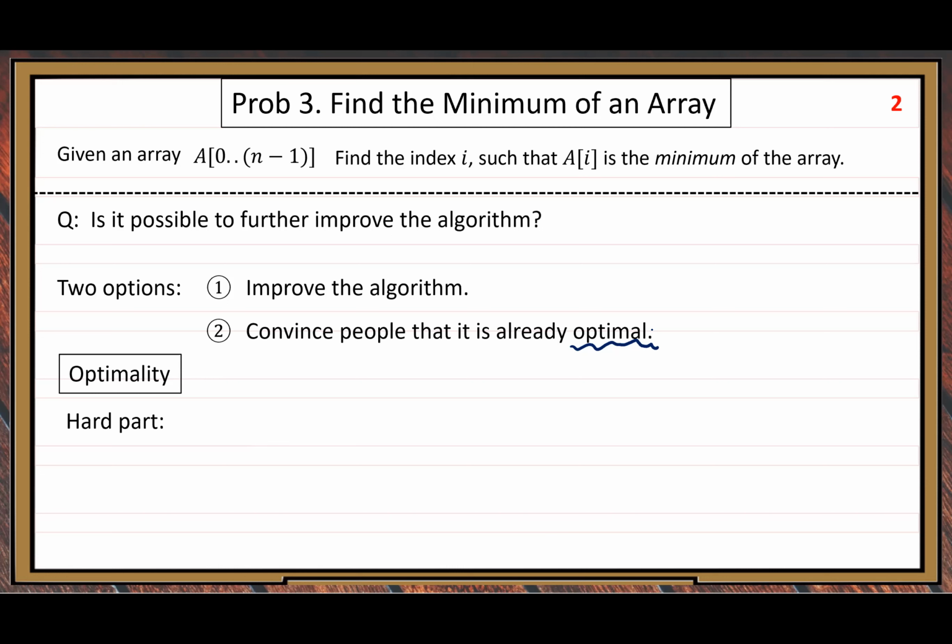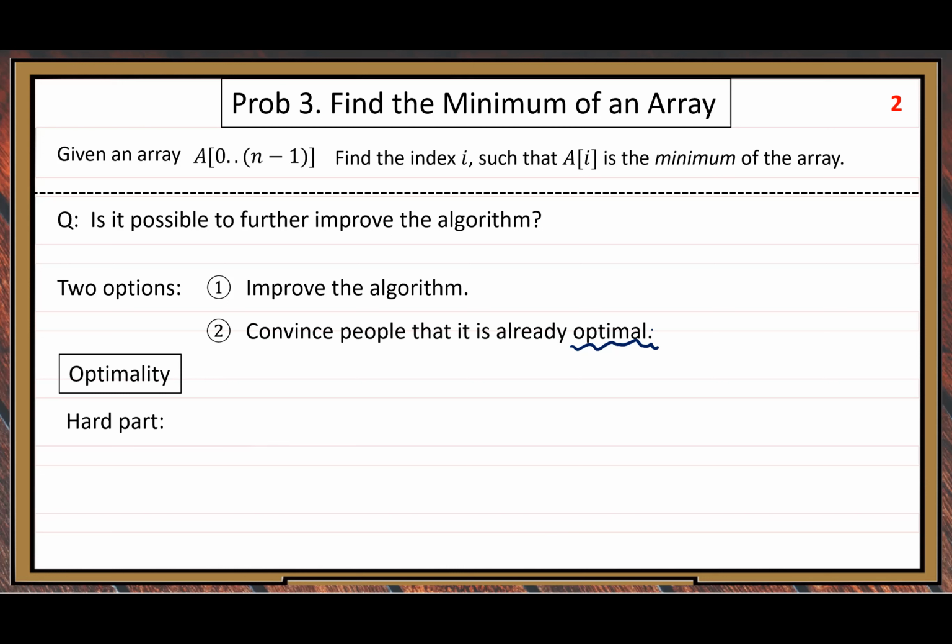If you claim one algorithm is optimal, it cannot be improved by anyone in the world. That's the basic definition of optimality. Nobody can improve it, not just in our class, not just in this country, not just in the whole world.